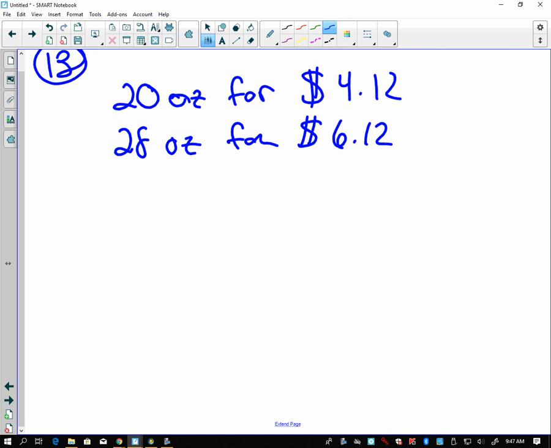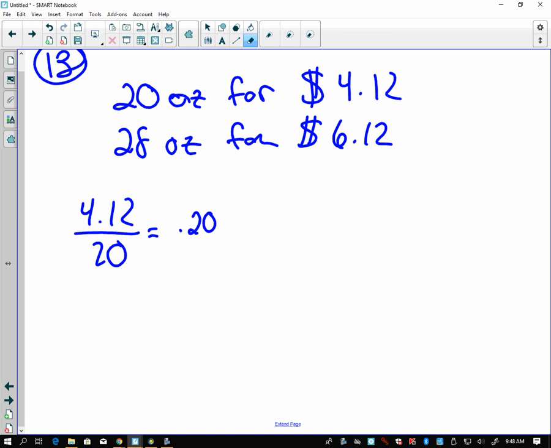Divide what? Okay, so you're setting up a rate of dollars per ounce, right? So 4.12 divided by 20, what's that come out to? 0.206. So we would say maybe like 21 cents per ounce.